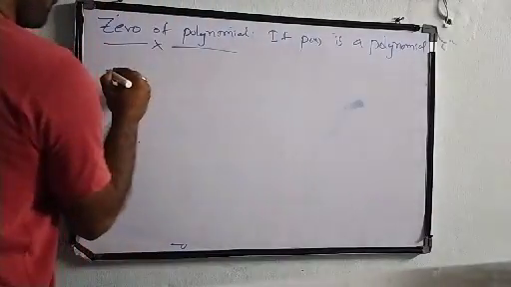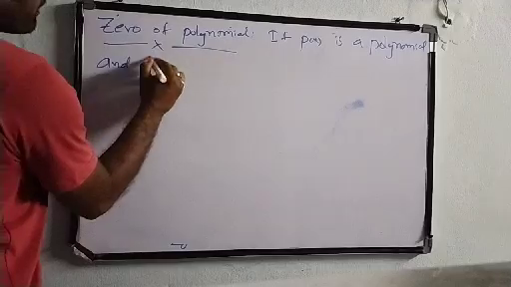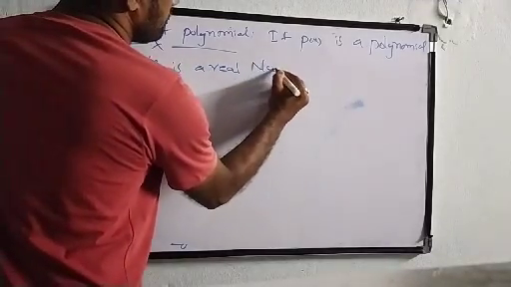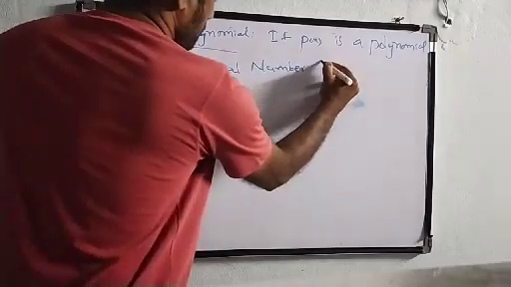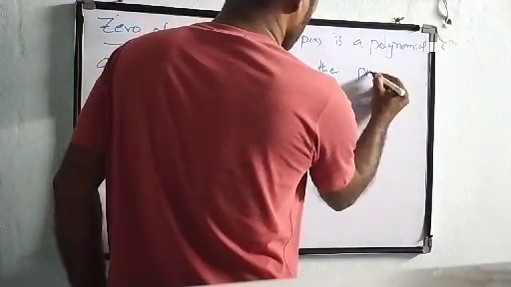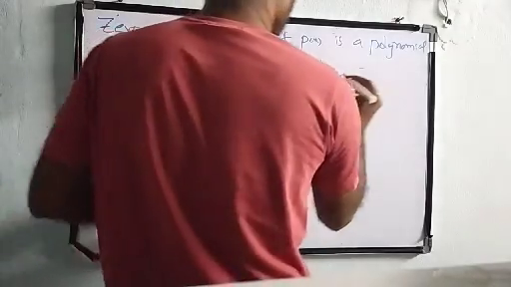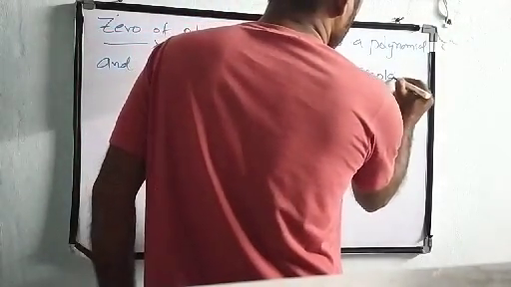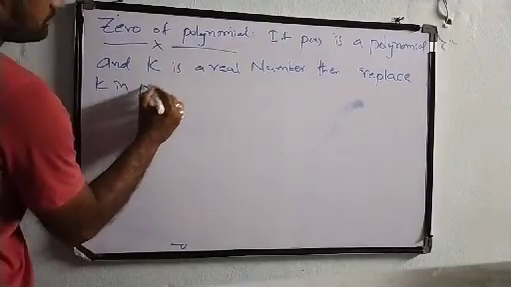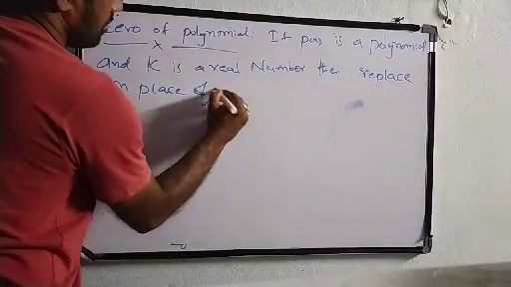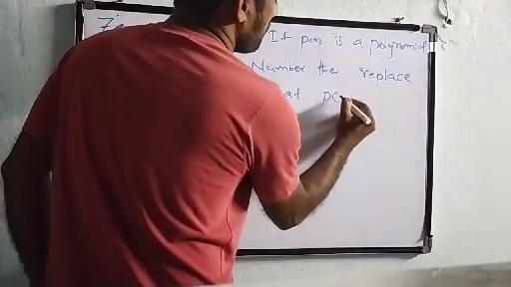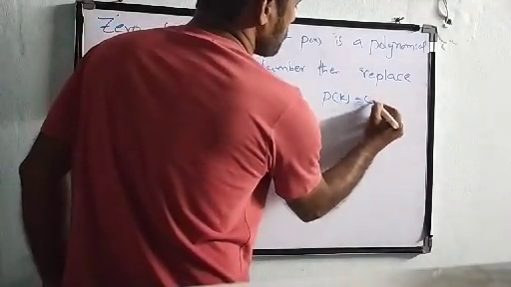If p of x is a polynomial and k is a real number, then replace k in place of x, so that p of k is equal to 0.